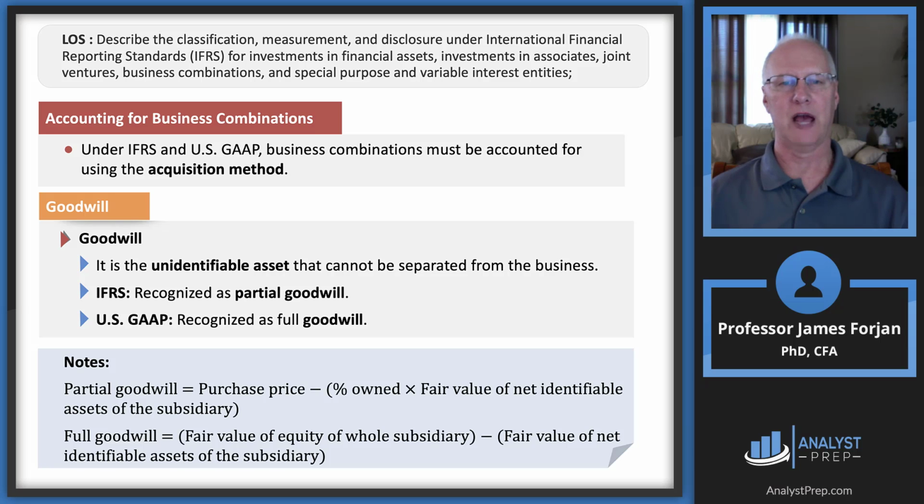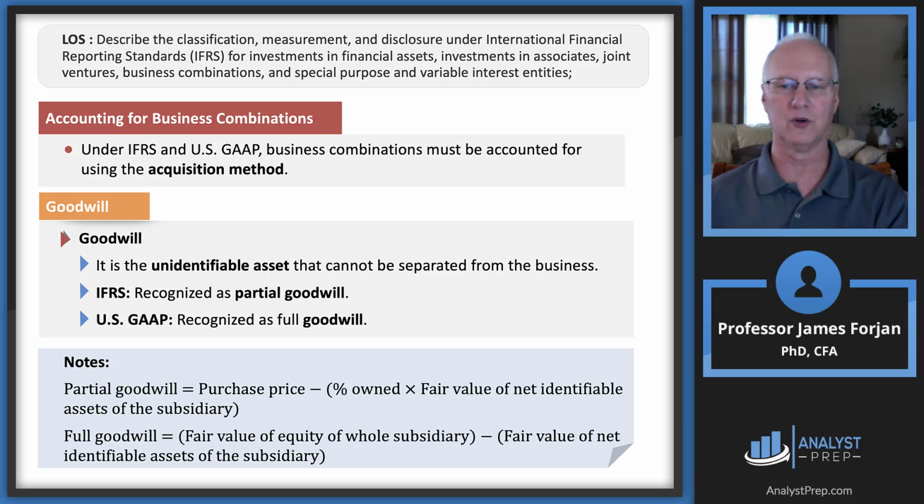Business combinations, acquisition method for both. Goodwill. This is where you bring in the concept of partial goodwill, which is under IFRS, but US GAAP recognizes it as full goodwill. Now remember, the LOS is just describe, not compute, but for those of you who love the math, and I think it's worth it too, looking down at the note at the bottom, partial goodwill is purchase price minus fair value of those identifiable assets, times the percent owned.